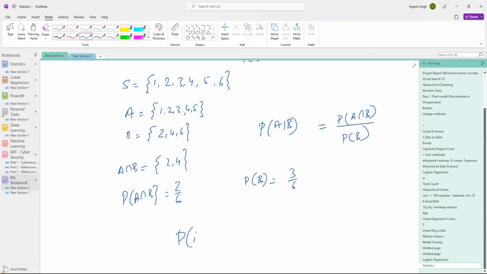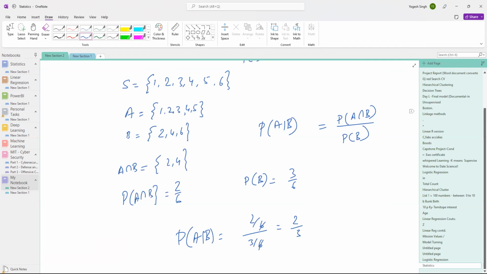So probability of A given B will be equal to 2 by 6 divided by 3 by 6, which is nothing but 2 by 3. All of us okay with this? Okay.